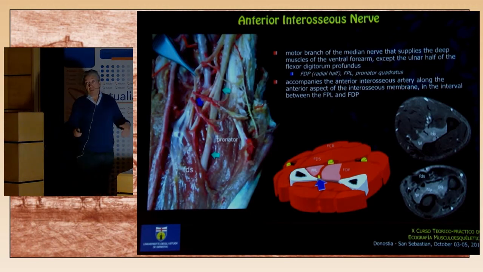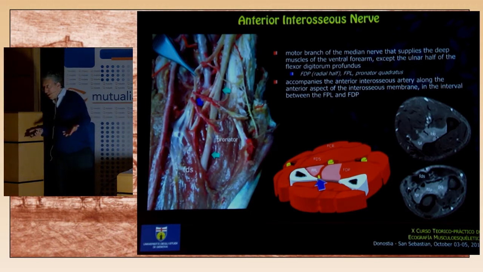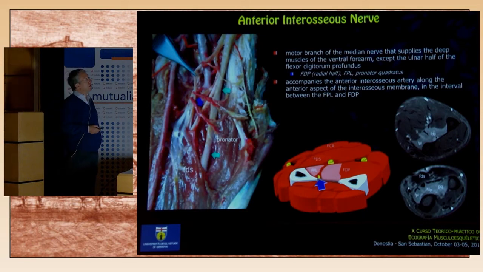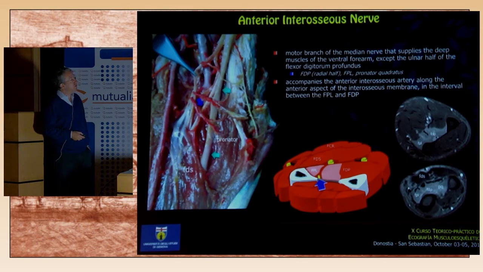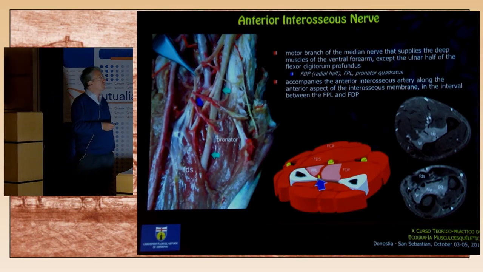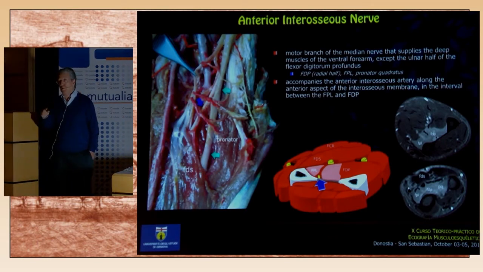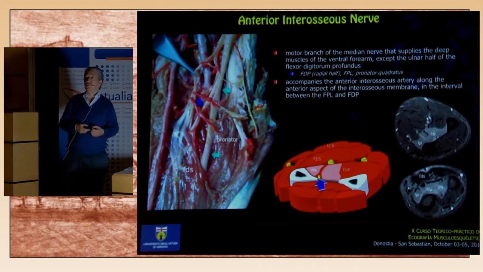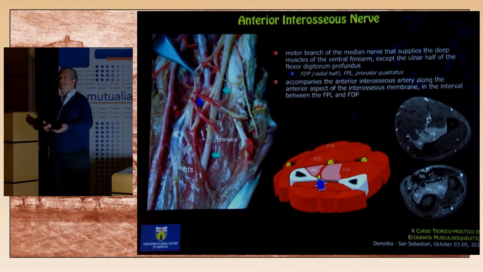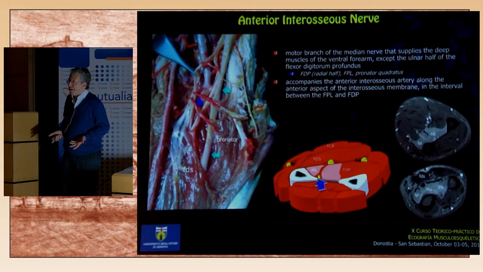Then doubts may remain, because when you scan the nerve in this area, you say, oh yeah, there is involvement of the flexor digitorum profundus, there is involvement of the usual muscle supplied by the anterior interosseous nerve, and then there is involvement, I don't know, of the flexor carpi radialis. Why?